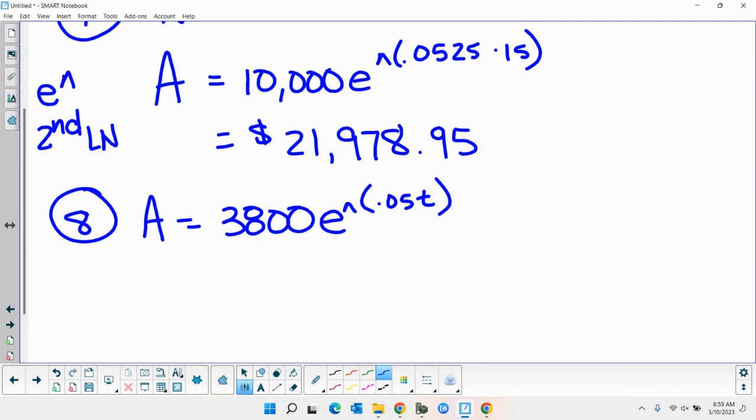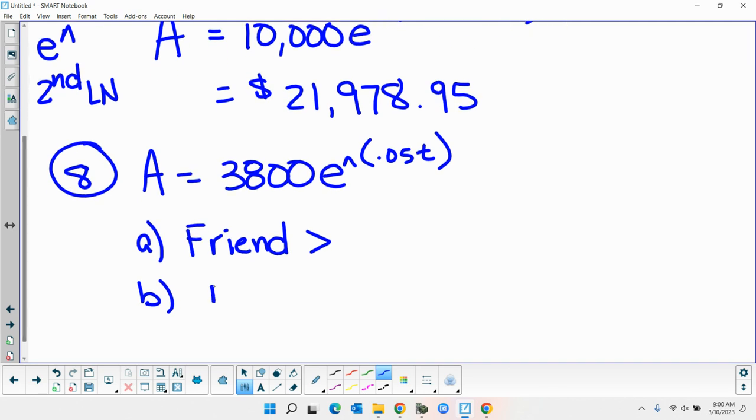Your friend, right? So first question, we'll just call it A. Friend started out with more. Friend's greater amount. Okay? Now we got to figure out the balance after 15 years. So I'm going to put a 15 where the T is there. That's me. And then the friend will look at the graph and do it.